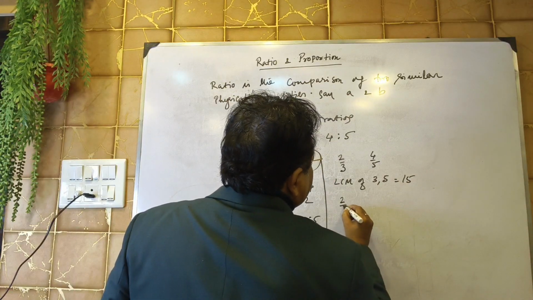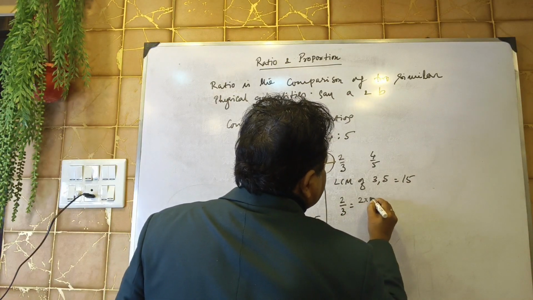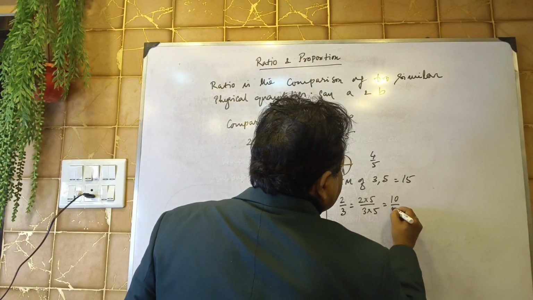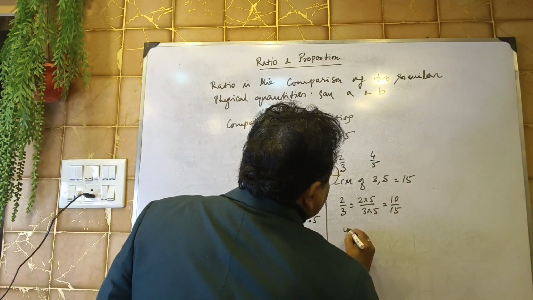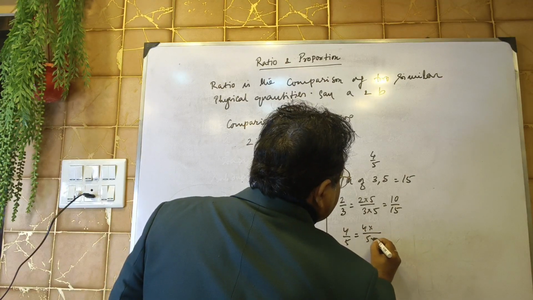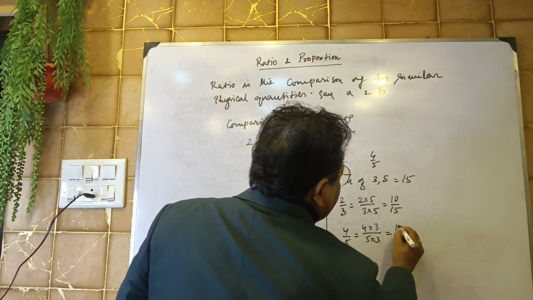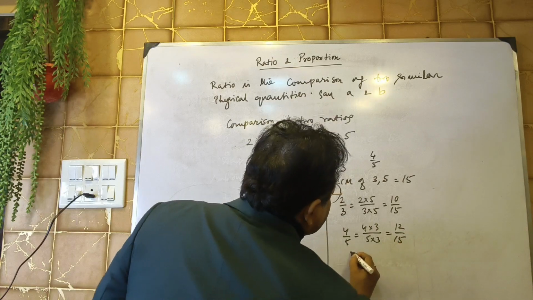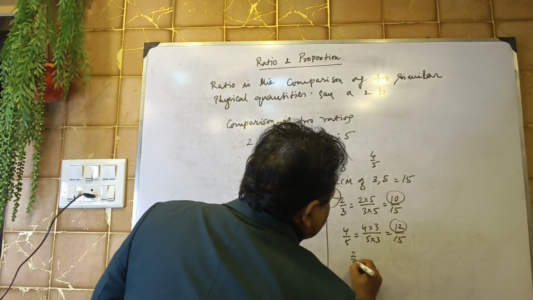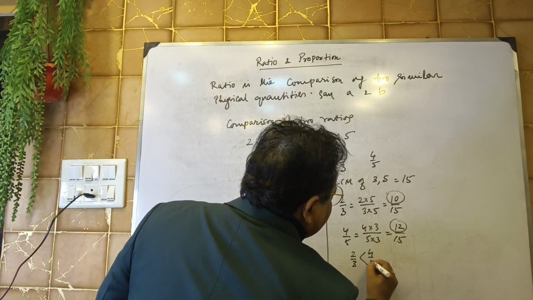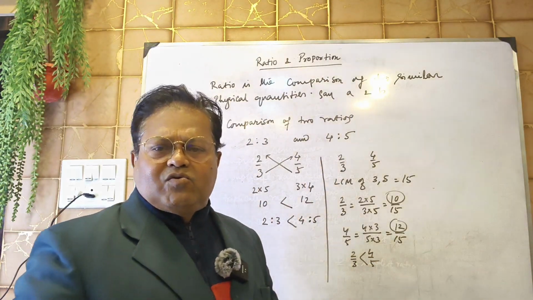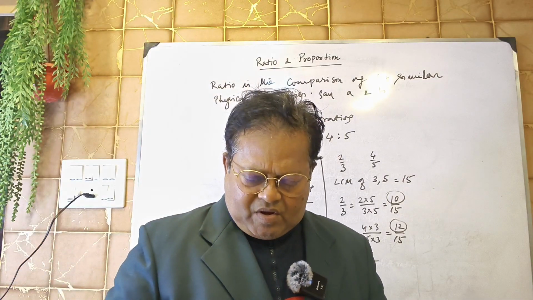So make the left side 15, 3 into 5, so 10 by 15, and 4 by 5 becomes 15, that is 5 into 3, 4 into 3, 12 by 15. You will see that 10 is less than 12, so 2 by 3 is less than 4 by 5. These are the two procedures to compare two ratios or two fractions.